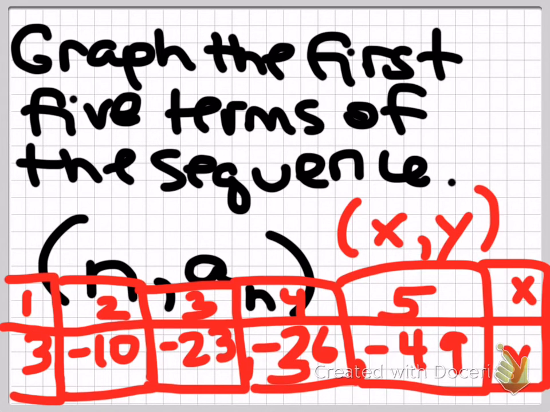So I would say maybe even just going by 13 would be alright. Let's say negative 7.